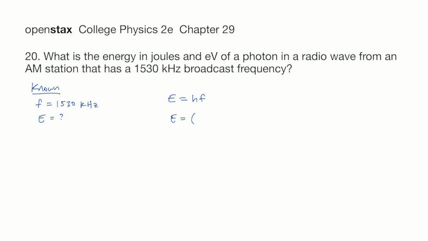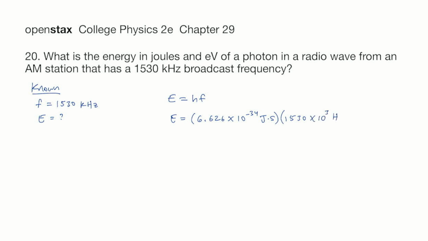h is Planck's constant. That is 6.626 times 10 to the minus 34 joule seconds. And we're multiplying that by 1530 kilo. We want hertz here because we have joules times seconds in Planck's constant, so we can replace the k with times 10 cubed.